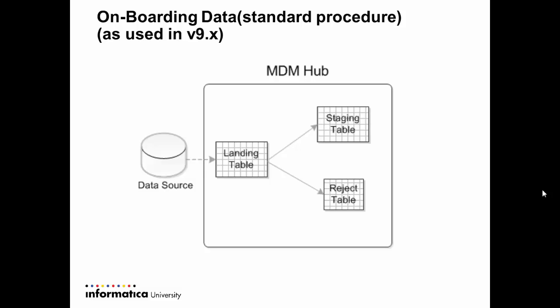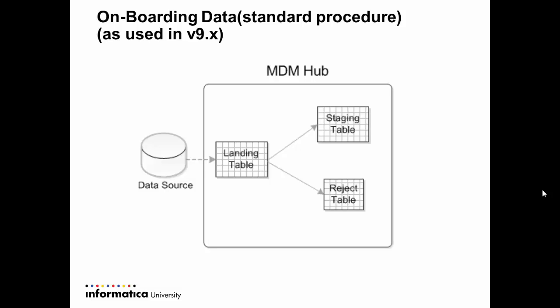And you'll see that. In terms of onboarding data, I like this picture because it simplifies the processes quite a bit. This is the standard procedure that was used in earlier versions of MDM, for example, 9.x. It is still the procedure you can use in MDM version 10. You don't have to deviate if you don't want to. So this is still true for now, version 10, as it was true for version 9.x. You had, say, 3 source systems. You would create landing tables.